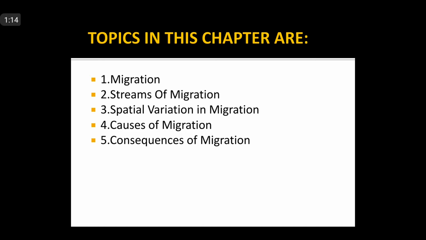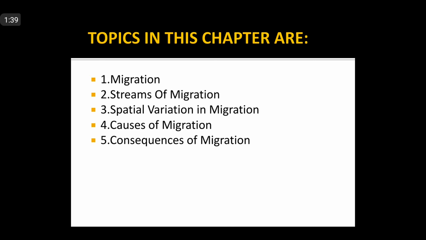And then, do you remember that I have also discussed with you lifetime migrant, migrant by place of residence? Who is a lifetime migrant? Do you remember? If a person's place of birth is different from the place of census enumeration, then he or she is known as a lifetime migrant.